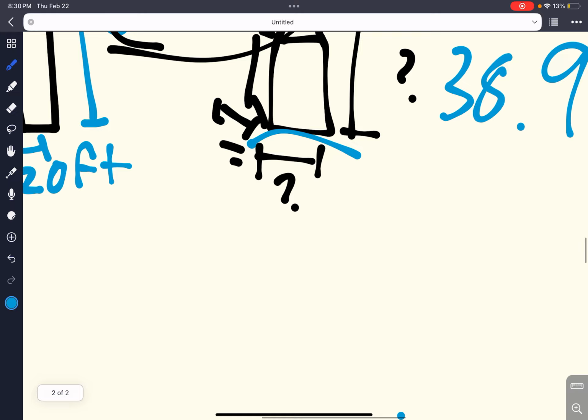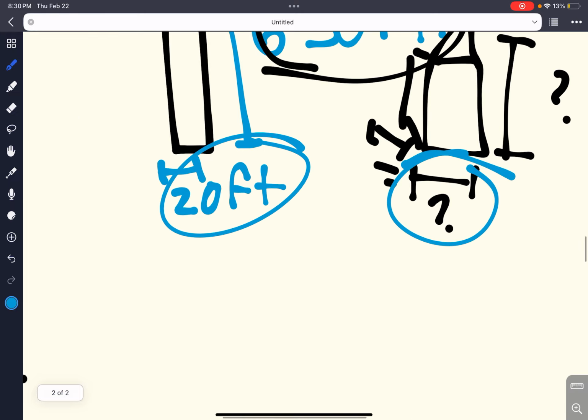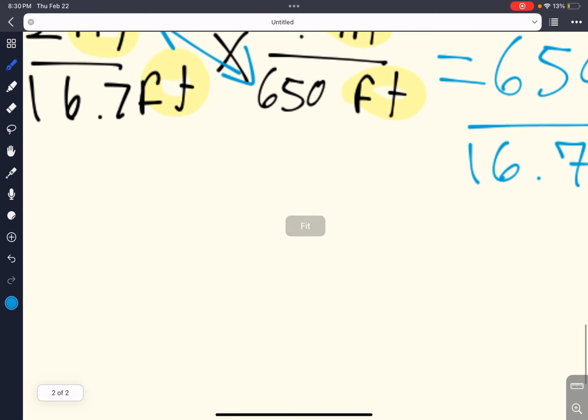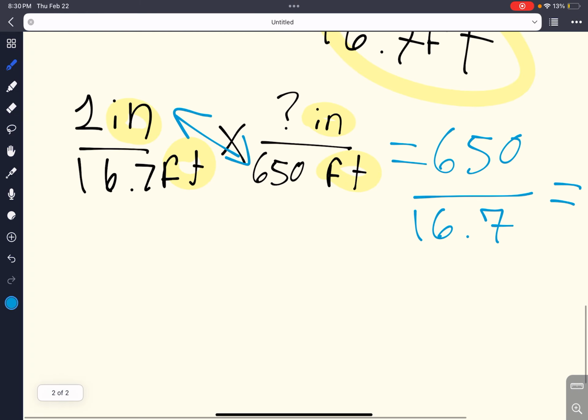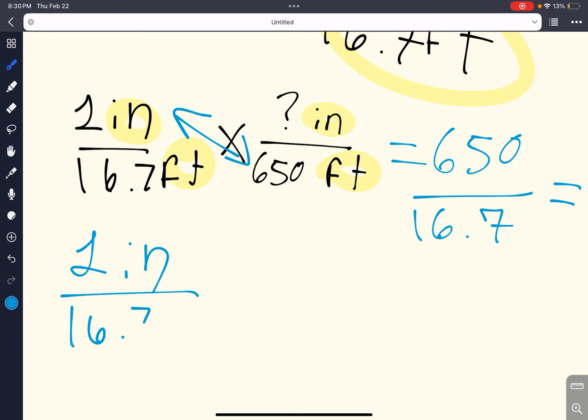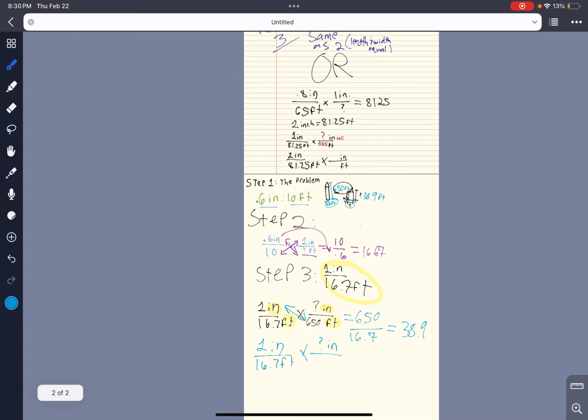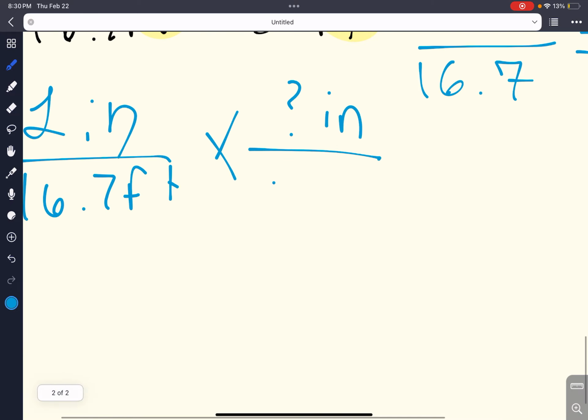And then now we just need to find what these two are. So you're just going to do that same one. So 1 inch over 16.7 feet times mystery amount of inches over 20 feet.